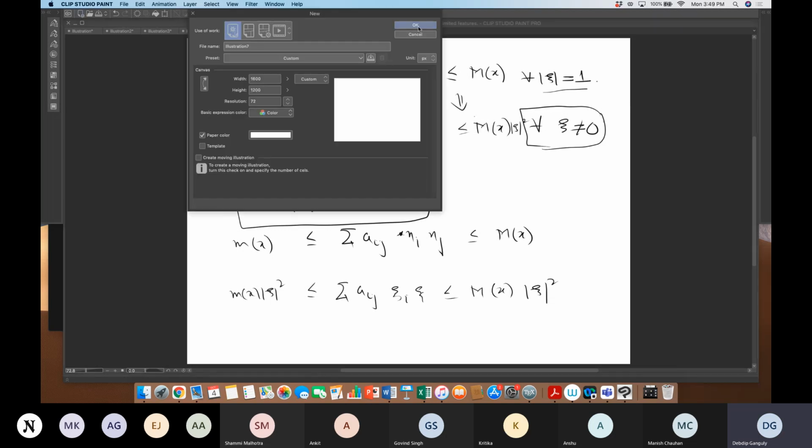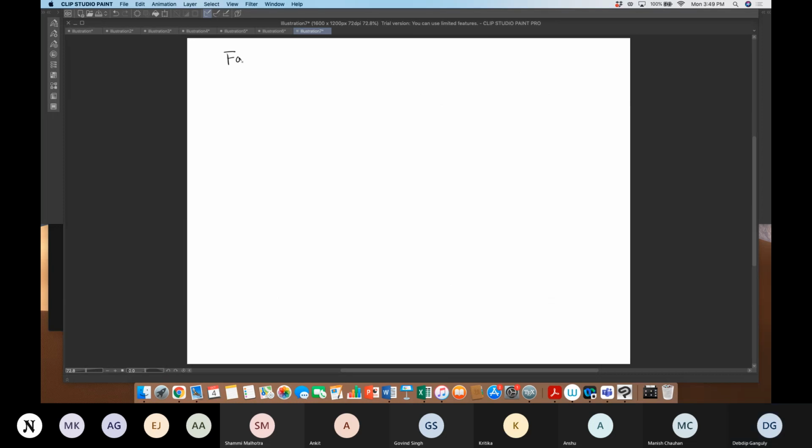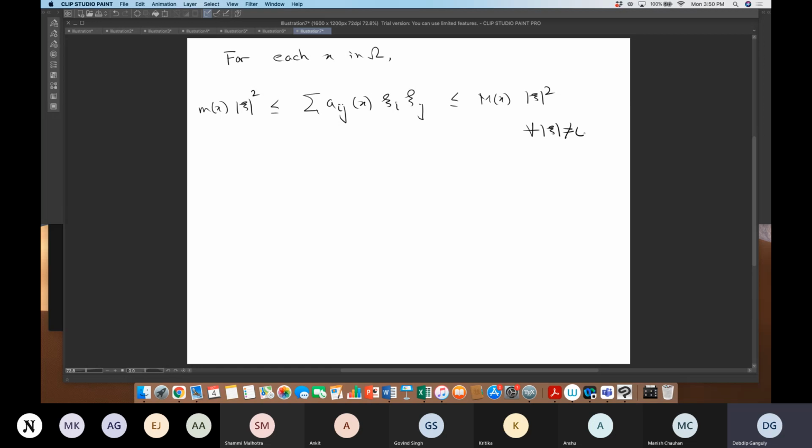So for each x in Ω, if the second order equation is elliptic, we have this condition: a_ij(x) ξ_i ξ_j is at least m(x)|ξ|² for all |ξ| not equal to 0.